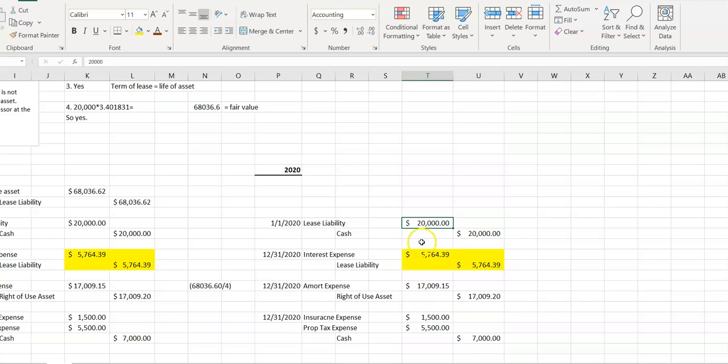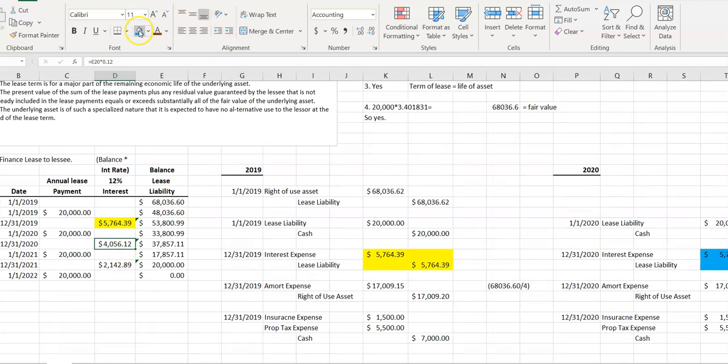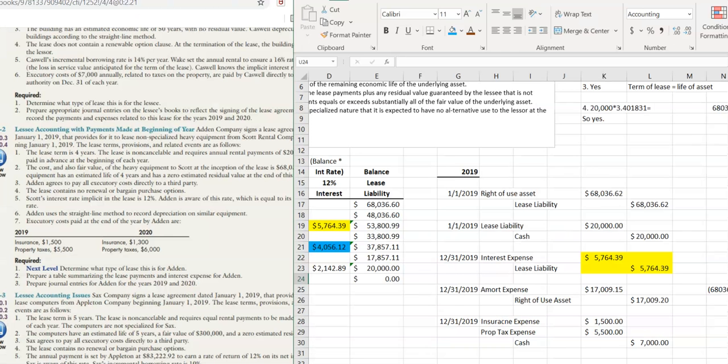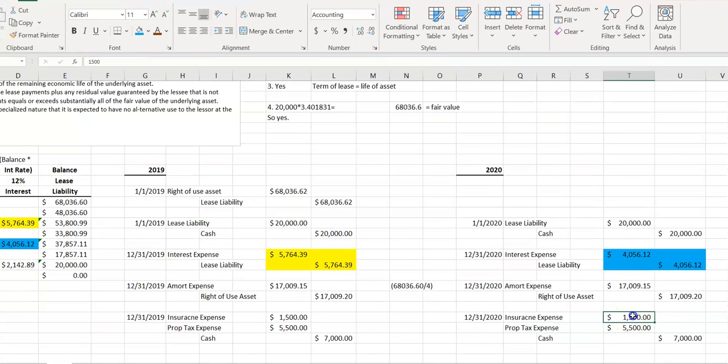Okay, so the first one is the same. This one, however, needs to change. Okay, and if you remember, it needs to come from this over here. Okay, the interest over here for 2020. So 405,612. All right, the amortization expense stays the same, and then they tell us what that should be, and it should be 1,300 and 6,000. And that's it. That's what we're supposed to do.